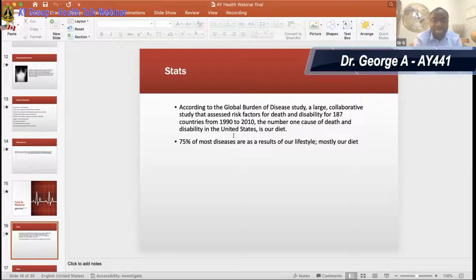They also found out that 75% of most diseases are a result of our lifestyle, which is mostly our diets. So whatever food we eat is responsible for most of the diseases and afflictions that we go through.